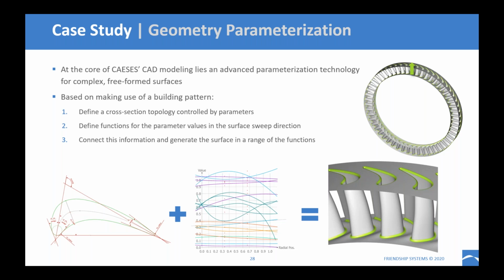The cross section would be the cross section through the volute scroll, and the distribution functions for the parameter values describe how the parameters change in circumferential direction of the volute. So it's always the same approach, basically. So we can generate the blade surface, and in the following step, we then add details like the filleting at the blade root or tip, and so on.